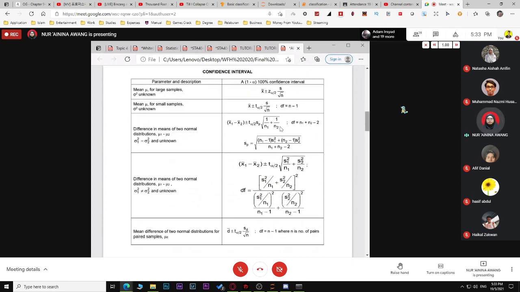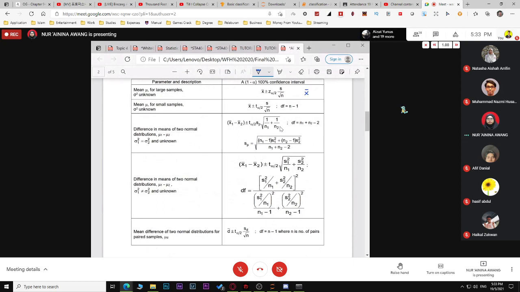Okay, so dia akan bagi the formula for large sample when variance or standard deviation for the population is unknown. So bila known, you kena pandai-pandai lah. You kena tahulah Z alpha over 2 masih sama, cuma kat sini dia tukar sigma saja. Okay, yang itulah. And then yang ini dia bagi untuk small sample, untuk case n less than 30, and then dia bagi degree of freedom.